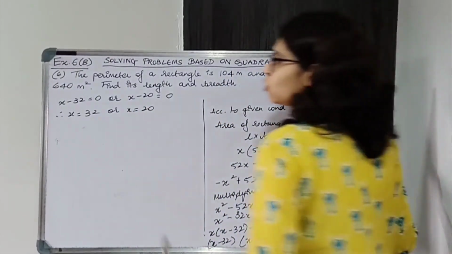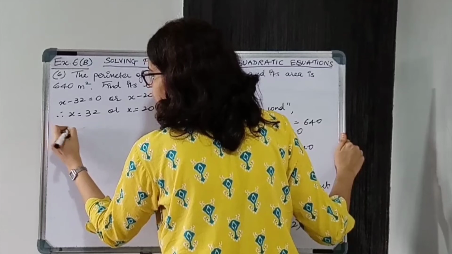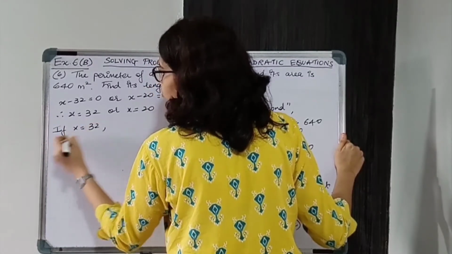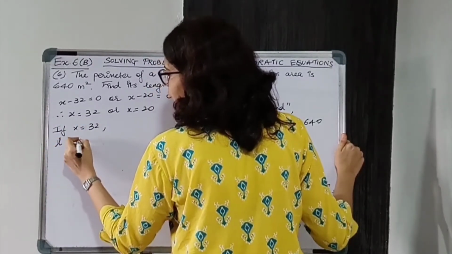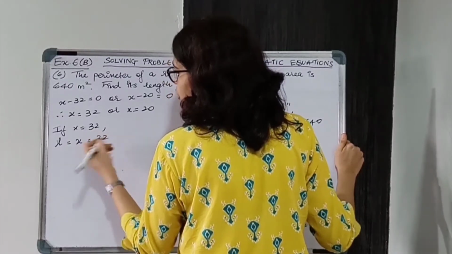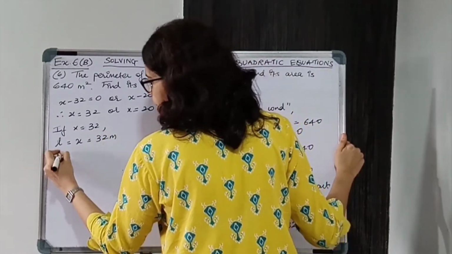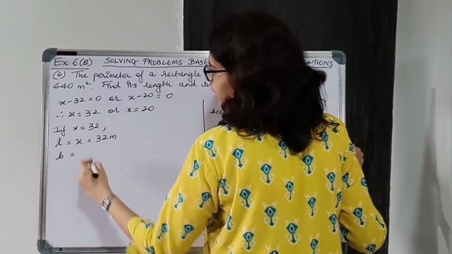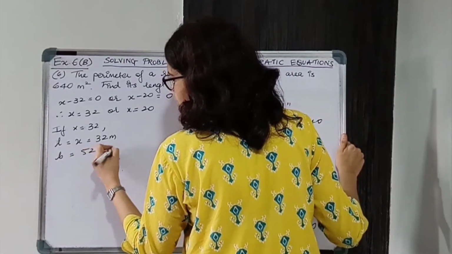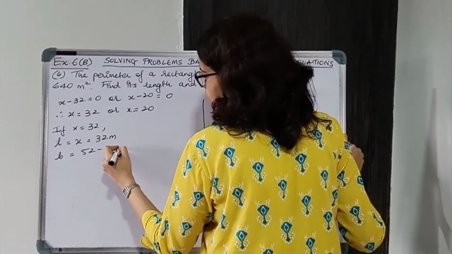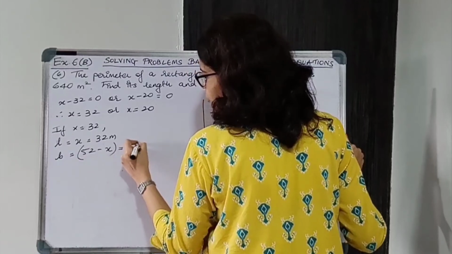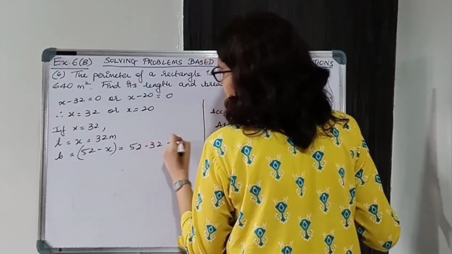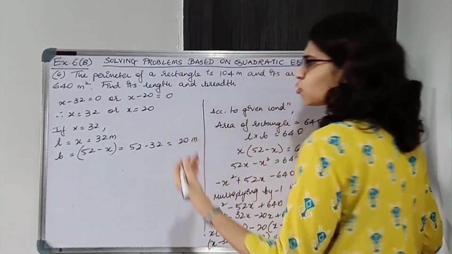Okay, so if x is equal to 32, तो लेंथ क्या हो जाएगा? लेंथ इज इक्वल टू x विच इज़ 32 मीटर एंड ब्रेथ क्या हो जाएगा? इट विल बी 52 माइनस x विच इज़ 52 माइनस 32, सो दैट इज़ 20 मीटर. So vice versa.